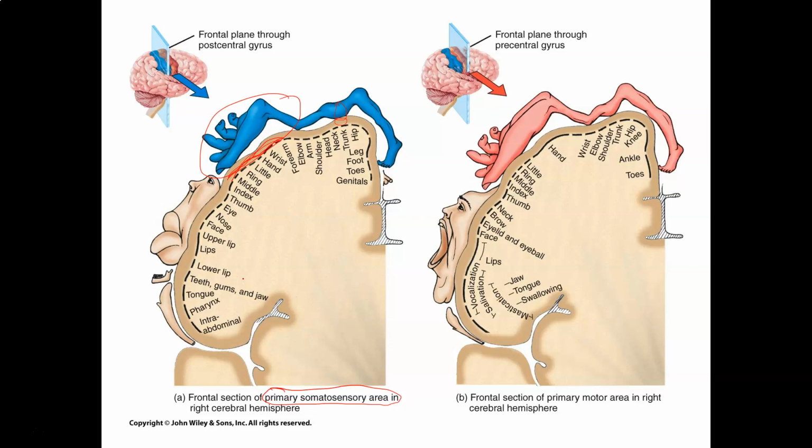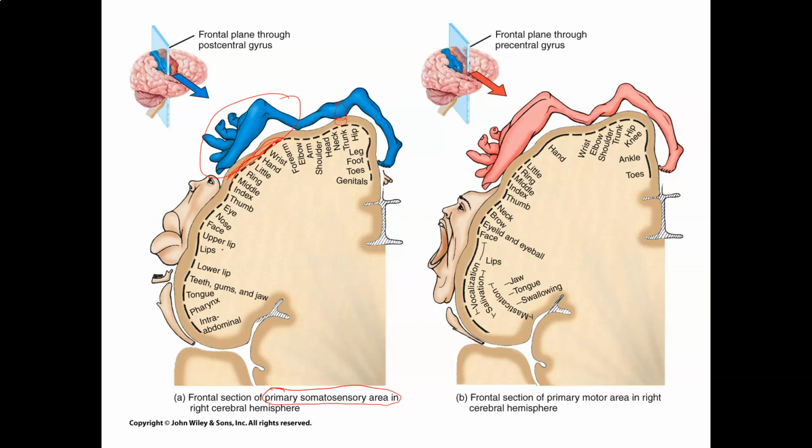You can localize the pain. Notice in this picture, do you see any spleens or kidneys or hearts or livers? No, because the somatosensory area maps the skin and muscle part of the body and not the viscera.